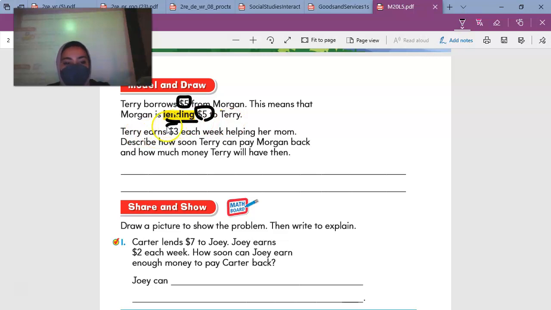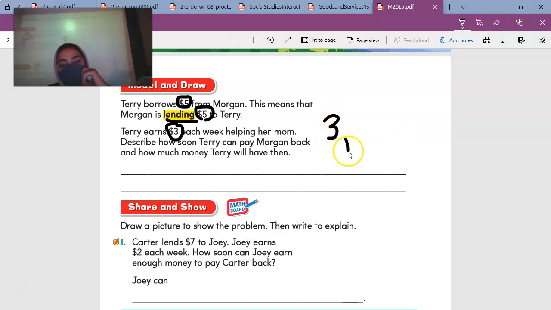Terry earns $3 each week helping her mom. Describe how soon Terry can pay Morgan back and how much money Terry will have then. Terry borrows $5 from Morgan. This means Morgan is lending $5. How long will it take Terry to pay back the $5 if Terry gets $3 each week? So Terry gets $3 this week.